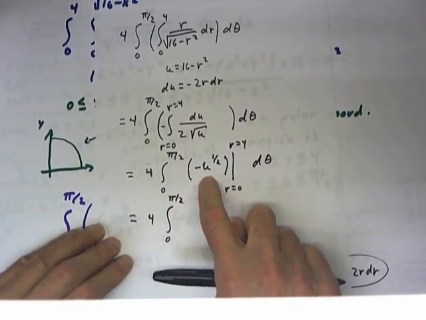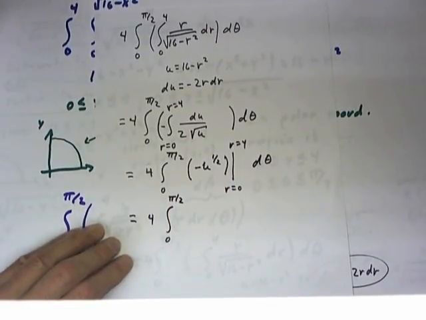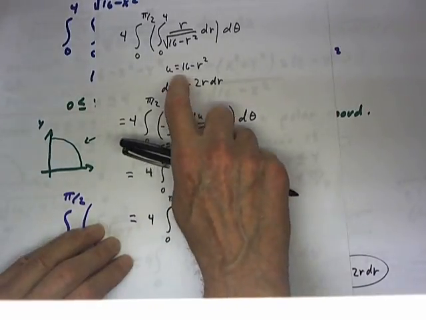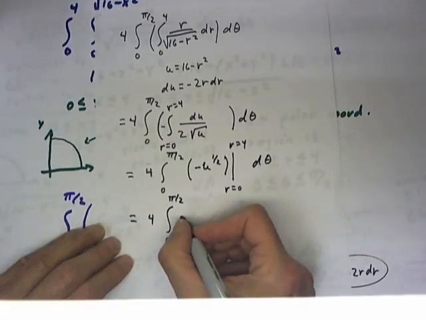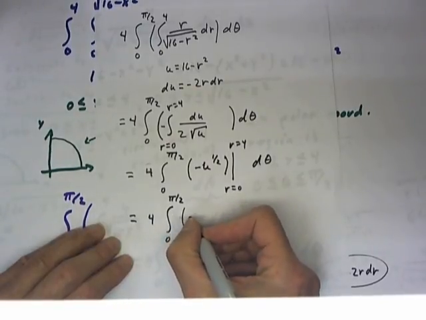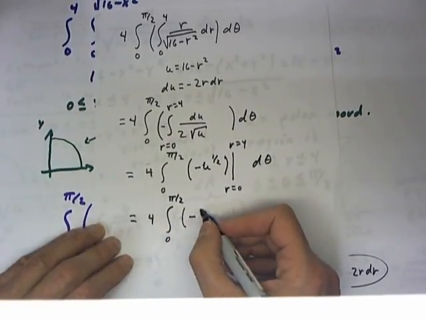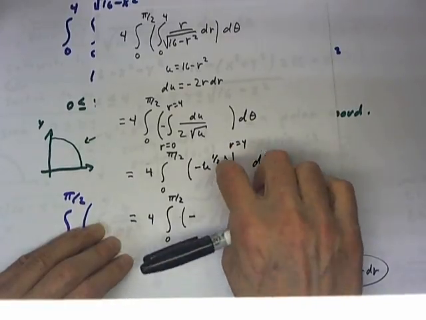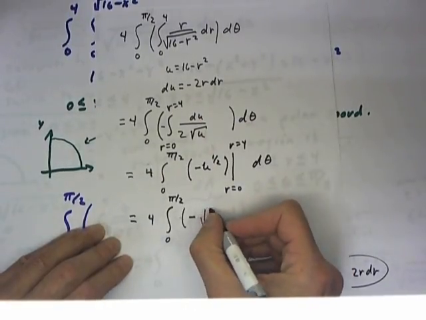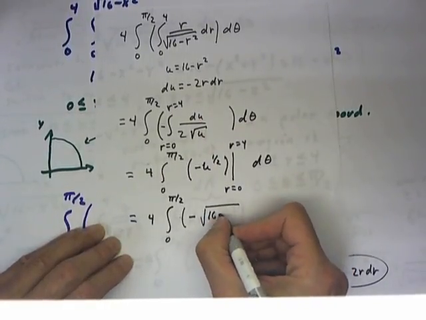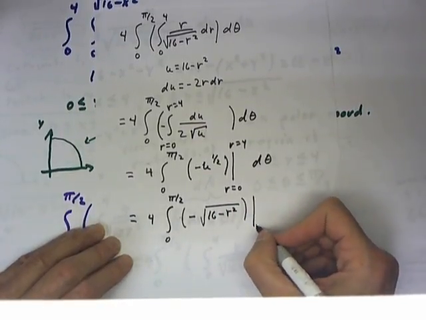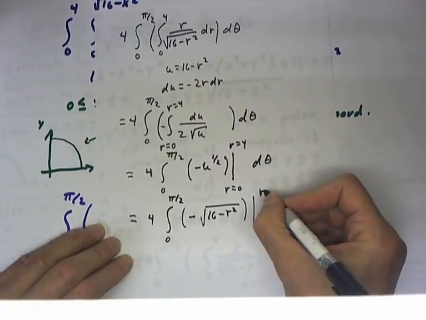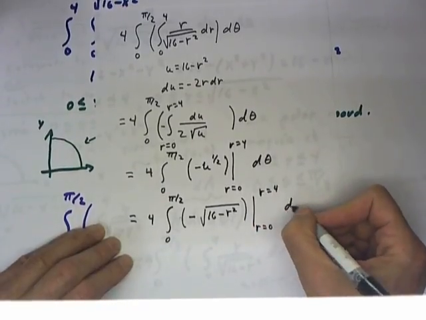Now, negative u to the 1/2, where recall u was 16 minus r squared, becomes the negative square root of 16 minus r squared, evaluated between r equals 0 and r equals 4 with respect to theta.